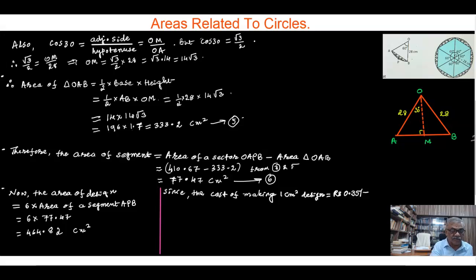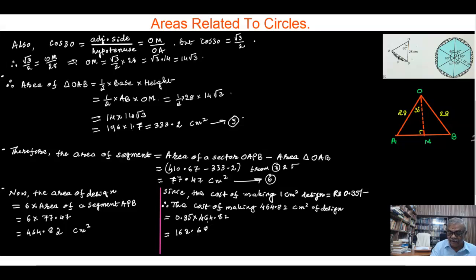Now since the cost of making one square centimeter of design equals 35 paise, the cost of making 464.82 square centimeter of design equals 0.35 into 464.82, that equals 162.68.